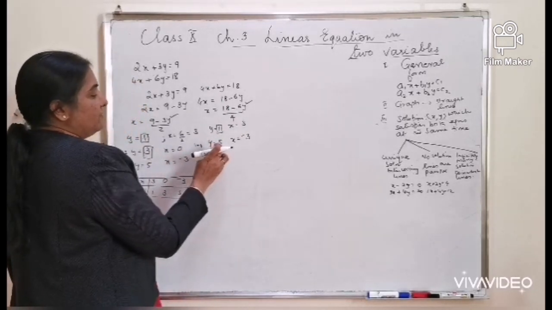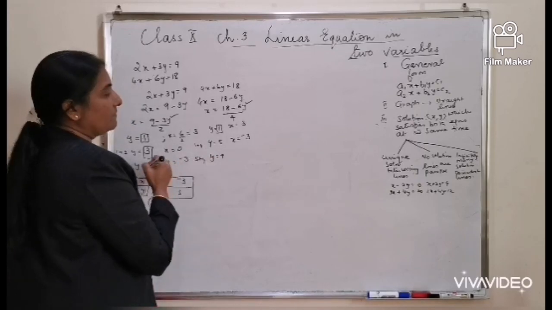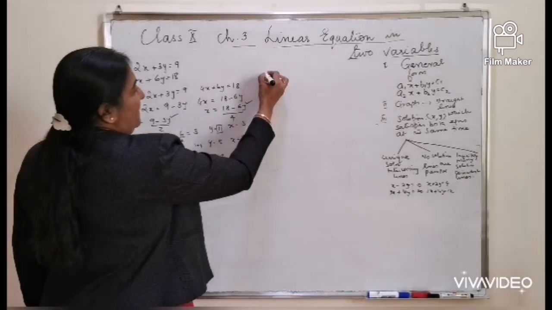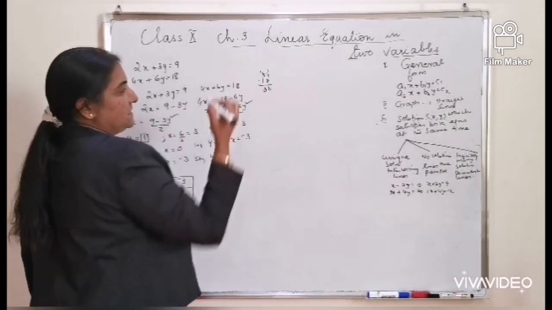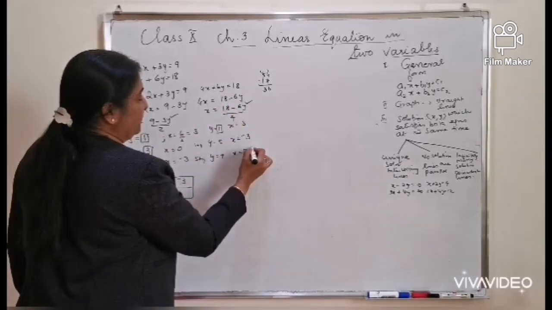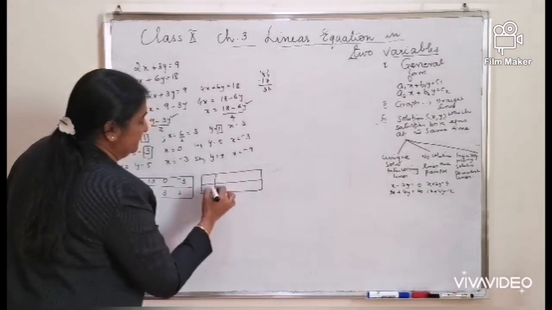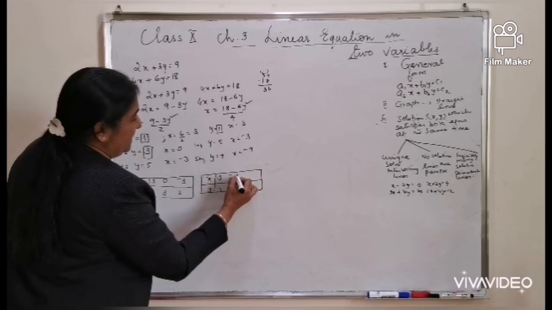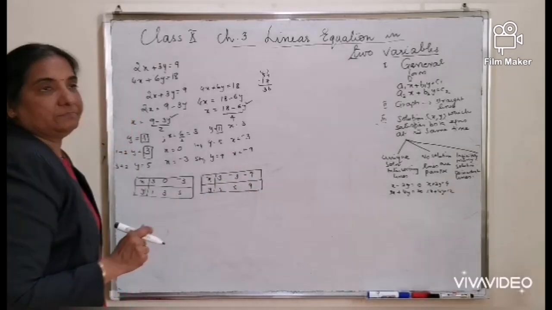Next value, 5 plus 4, 9. 6 9s are 54, 54 minus 18 is 36, 36 by 4 is 9, with a negative sign, minus 9. Thus the values are 3, 1; minus 3, 5; and minus 9, 9.